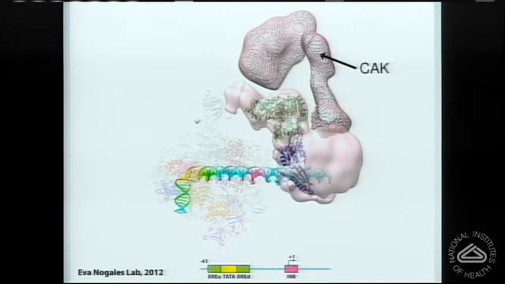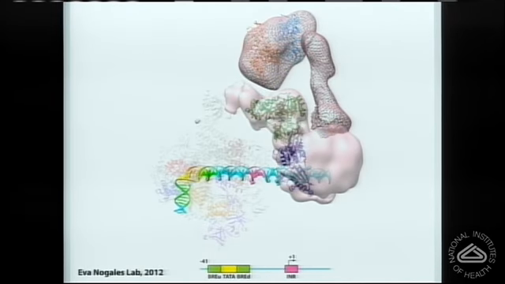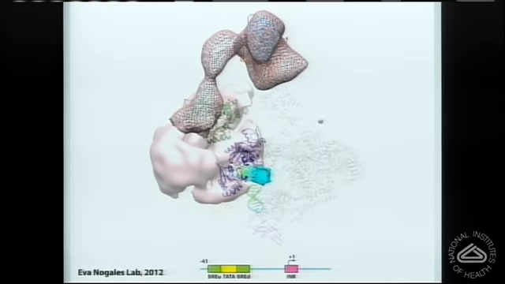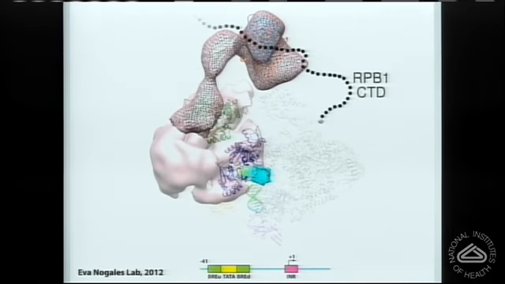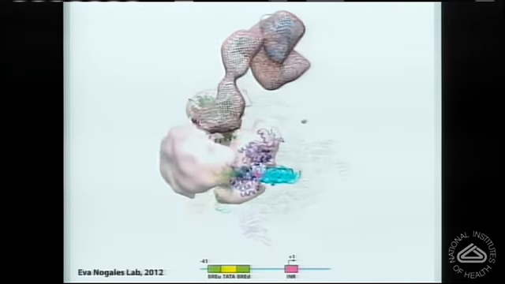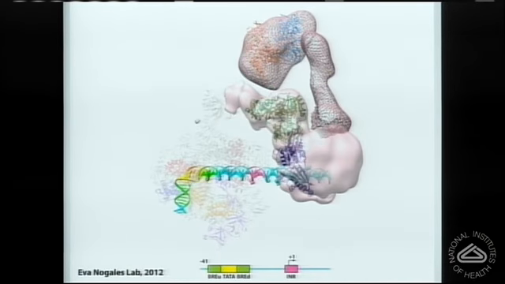And actually, this region, although it's much lower resolution, again, because of the mobility, fits very well with these two, locating the 2 major components of the CAK. And what I want to show you is that the position of the CAK is facing the position where the crystal structures lose track of the chain, as this unstructured C-terminal extension that is phosphorylated is located.